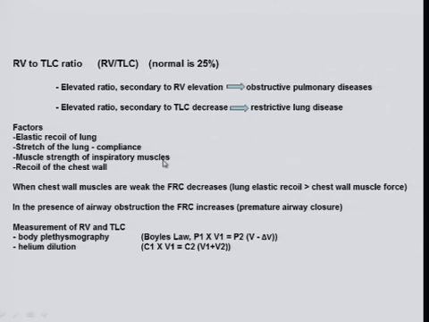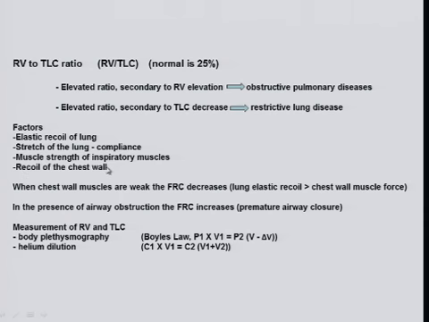We haven't talked about this much, but that can come into play when we're talking about total lung capacity. Because if your muscle strength for inspiration is weak, that's going to decrease total lung capacity. Because inspiratory muscles are required for inspiration. So if they're weak, we can't inspire as much. So our total lung capacity will decrease, and that's an indicator of restrictive lung disease.